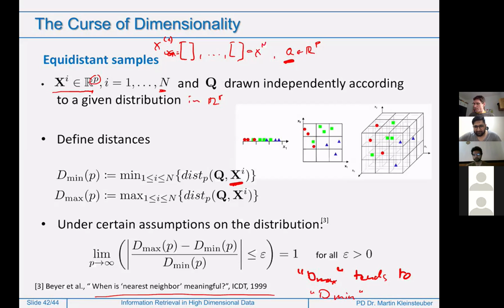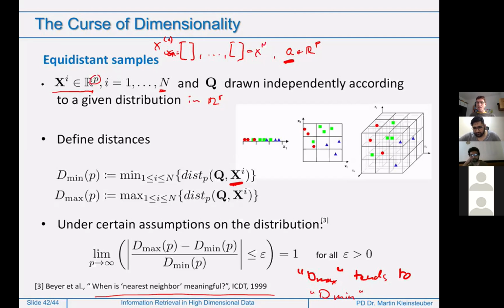And you measure the distance between all of them, and then you take the minimum distance that you achieve, and here you take the maximum distance that you have. They give you n different distances. Is that okay? Good.